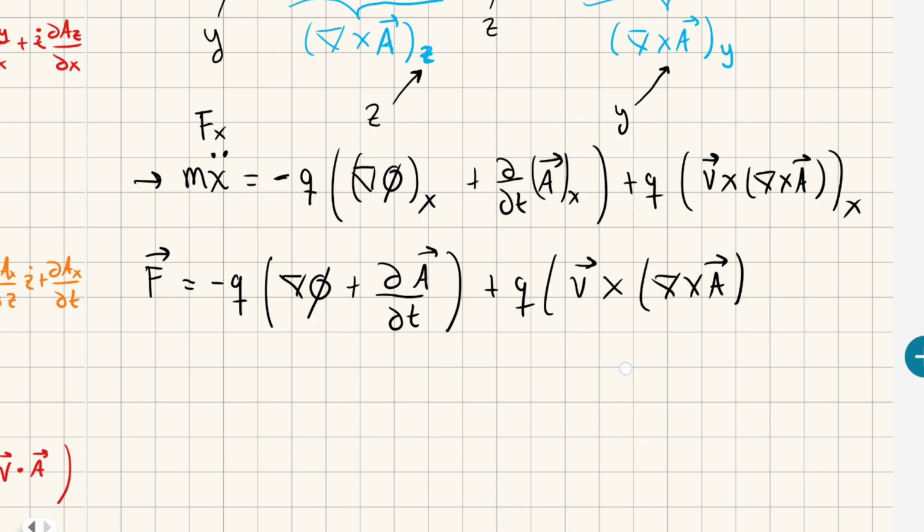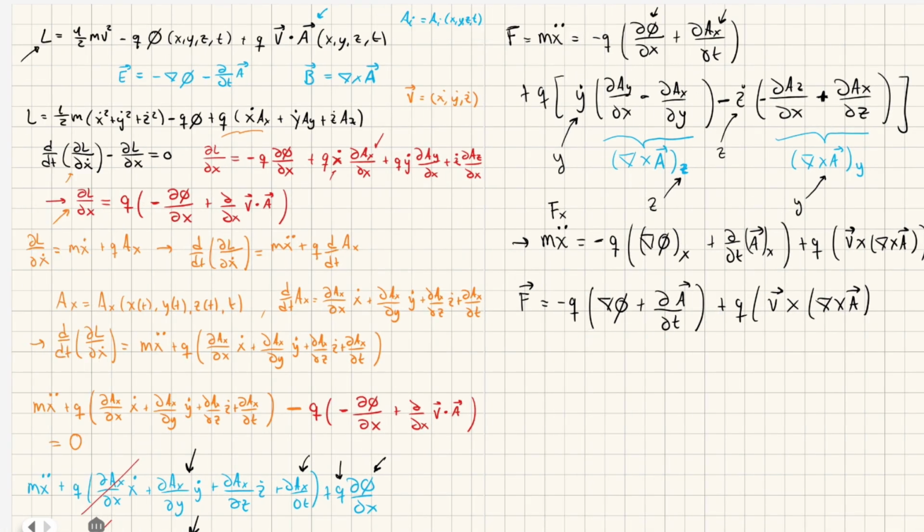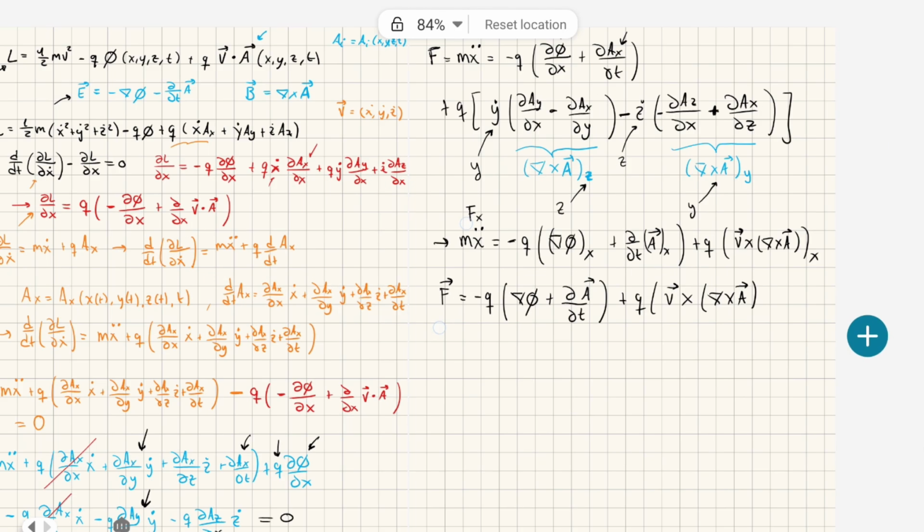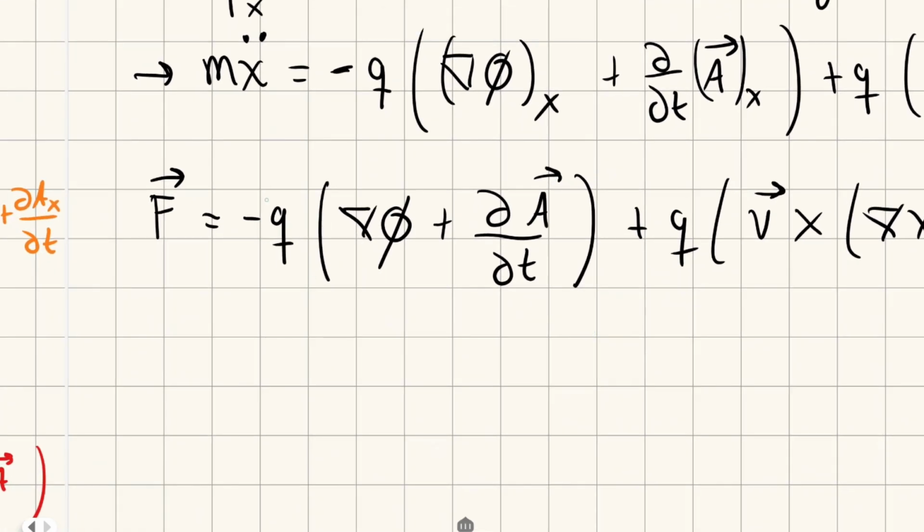Okay, perfect. If you remember, we defined that the electric field is equal to negative this quantity over here, which is exactly the same that we have here with this minus. So this means that this can be seen as Q times the electric field.